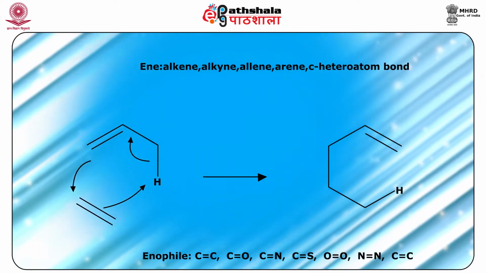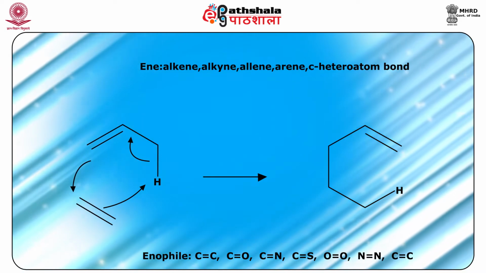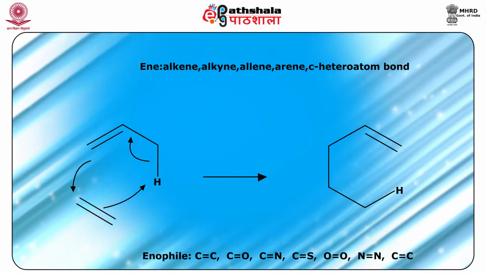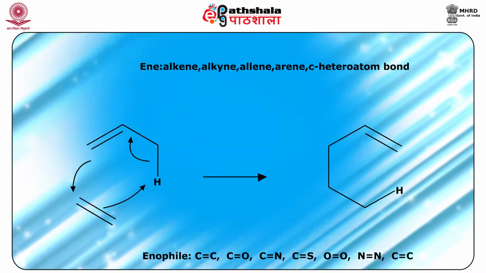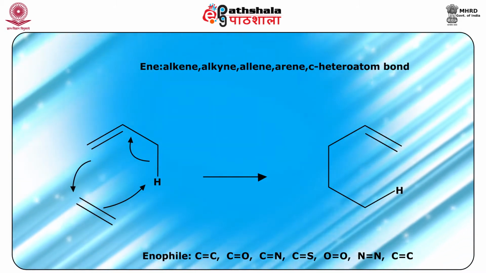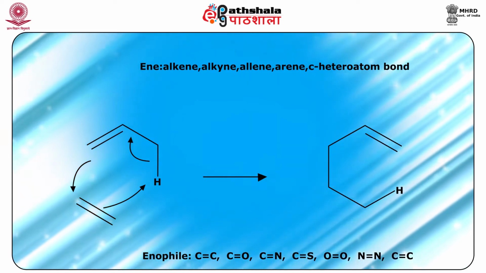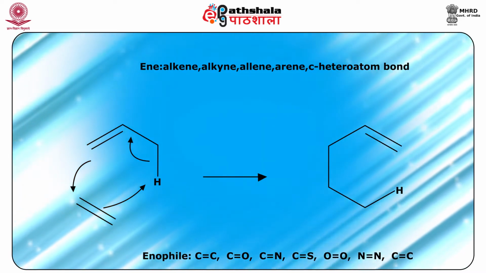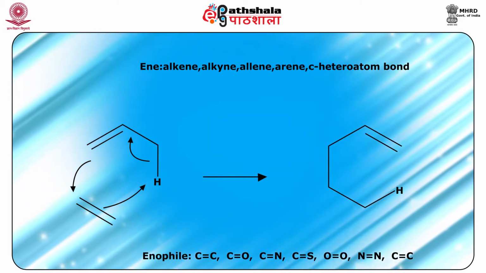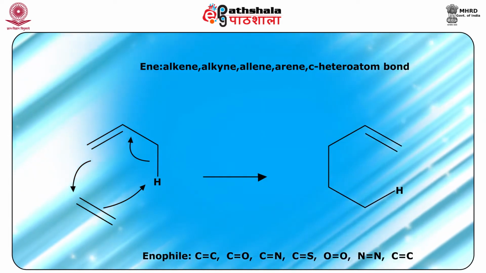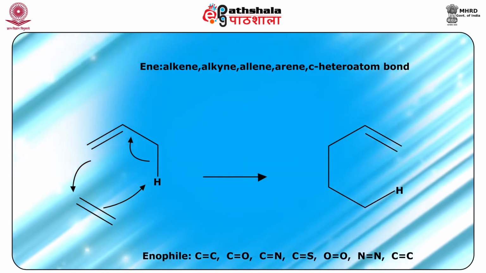This transformation is a group transfer pericyclic reaction and therefore usually requires highly activated substrates and/or high temperatures. Nonetheless, the reaction is compatible with a wide variety of functional groups that can be appended to the ene and enophile moieties.